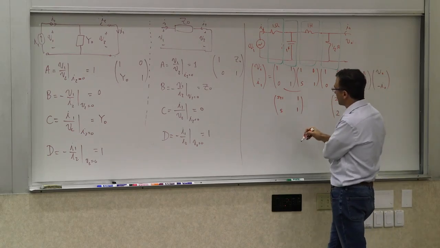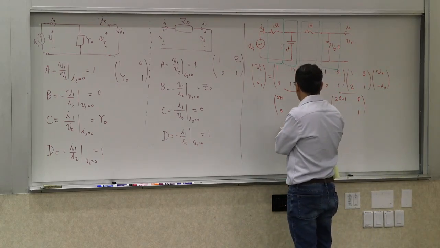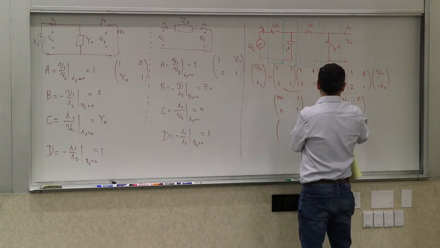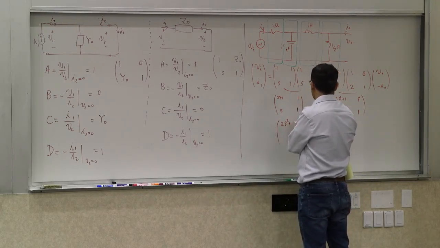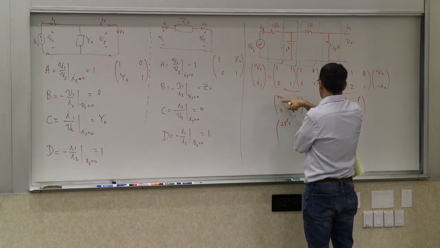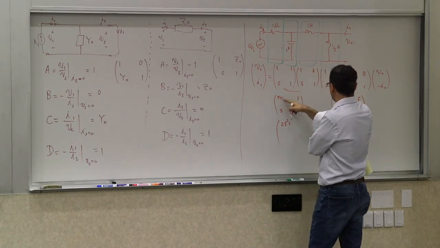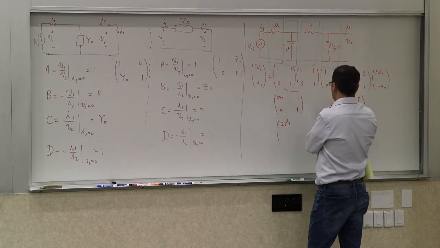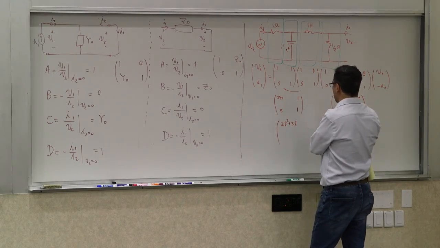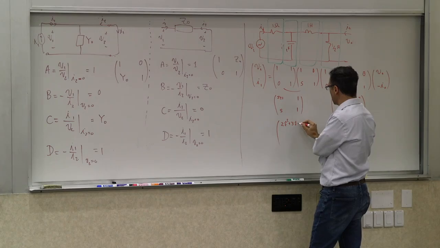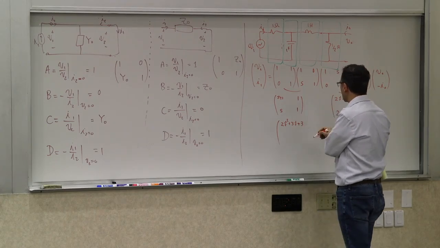And then now you have to calculate the product of these two. So basically what you get is this times that. So you get 2s squared plus 3s plus 1, plus from here another 2 from this product, so you get plus 3.